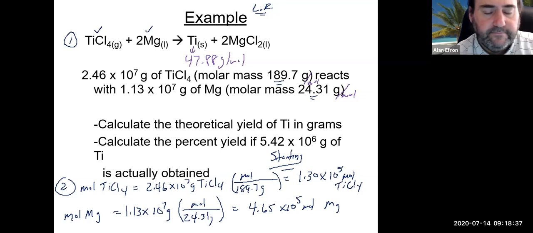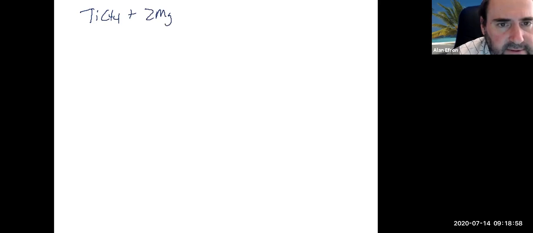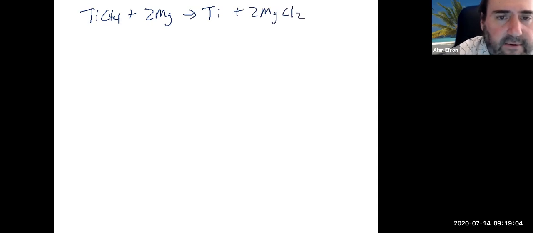Okay. So again, like I said, I'm going to do the ice table approach to figure it out. You could do it the other way, but this way you can see it. So I'm going to start with the equation here. So I have TiCl4 plus a couple of those gives me Ti plus 2 magnesium chlorides.